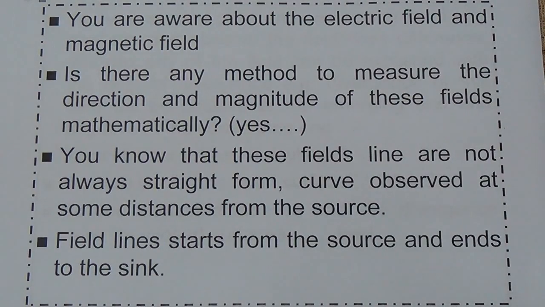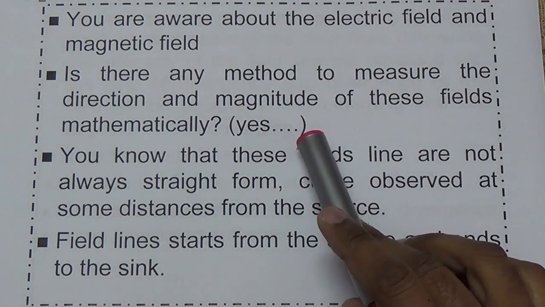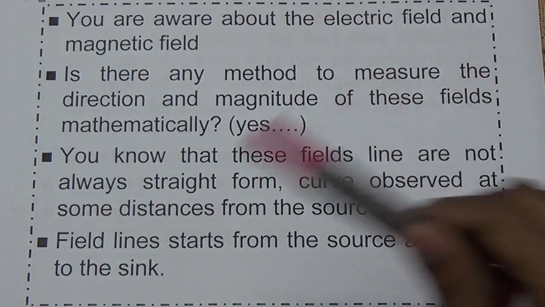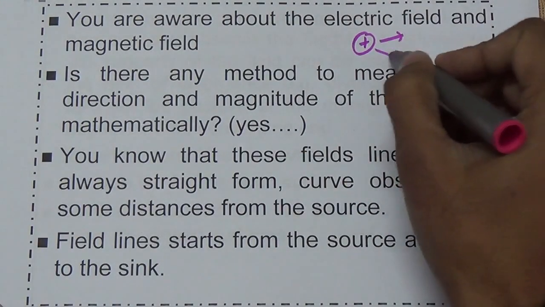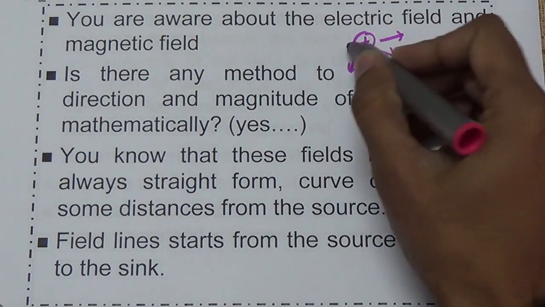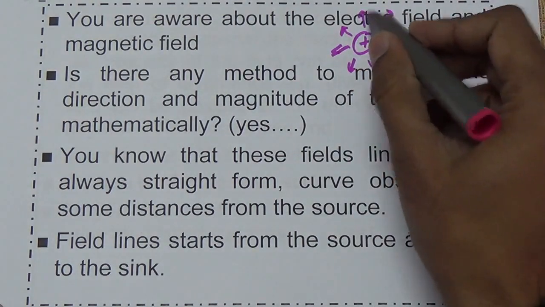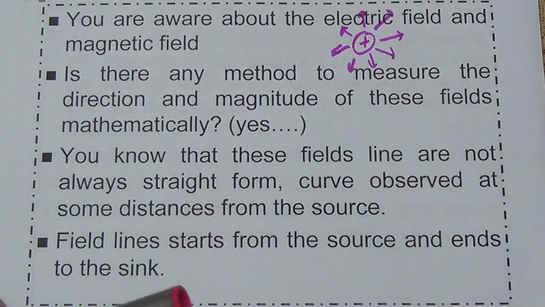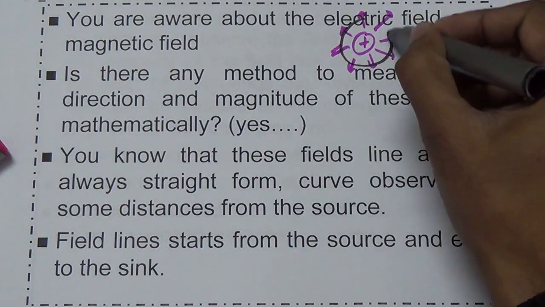So here is the method to measure the direction and magnitude of these fields mathematically. We know the electric field. We have seen that in case of positive charge, these are the electric field lines. We are saying these are outward in reference to the closed surface. Suppose we consider a sphere like this one.